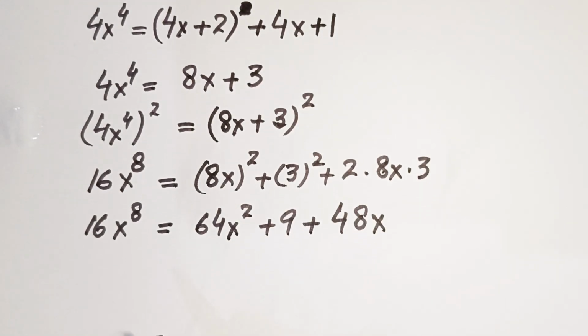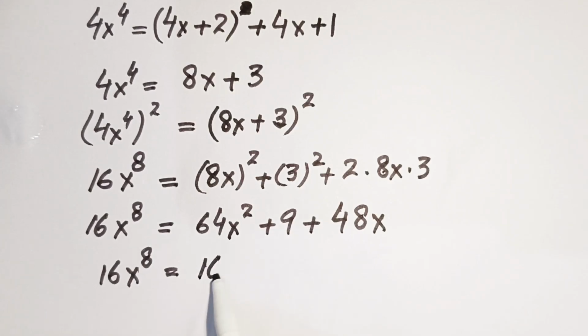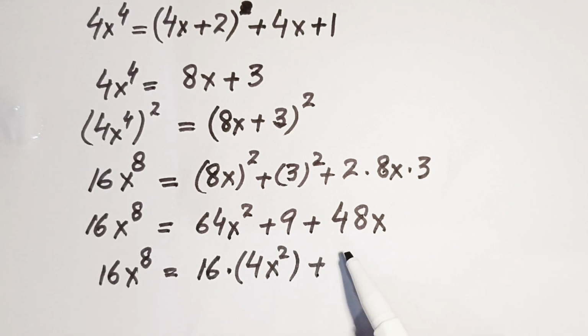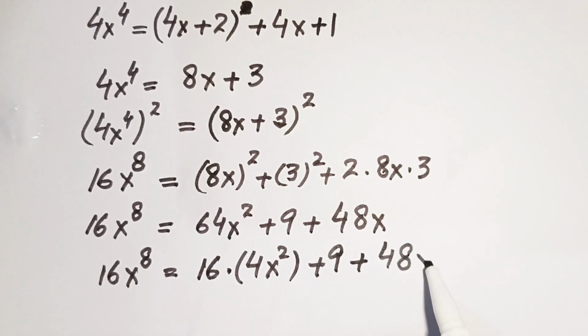So the next step is 16x to the power 8, we just write 16x to the power 8. This 64 can also be written as 16 times 4x squared, and plus 9, plus 48x.